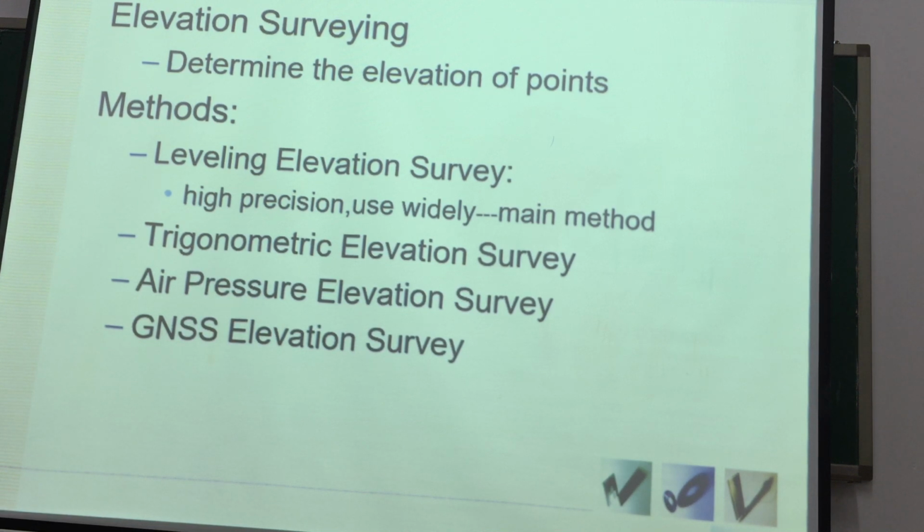If we can't use this system, most missiles and most weapons can lose their power. Especially about 10 or 20 years ago, in the war between America and Iraq, they turned off the GPS system.